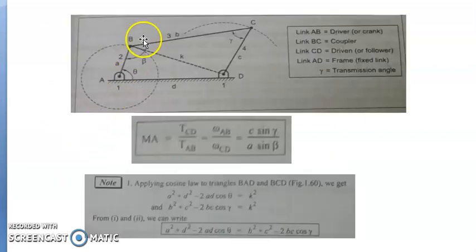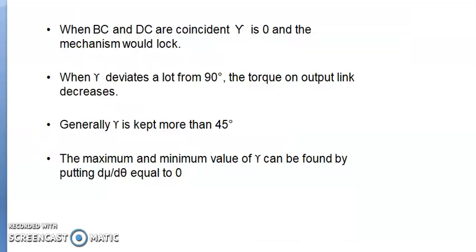Suppose BC comes here and aligns with DC, then gamma becomes 0, the mechanism will lock and will not execute any motion.